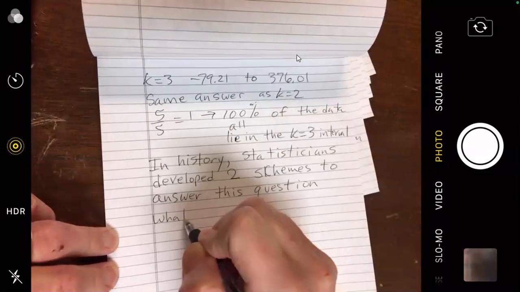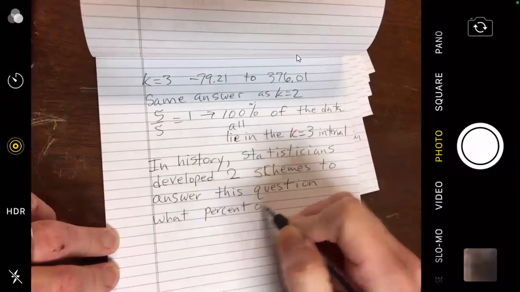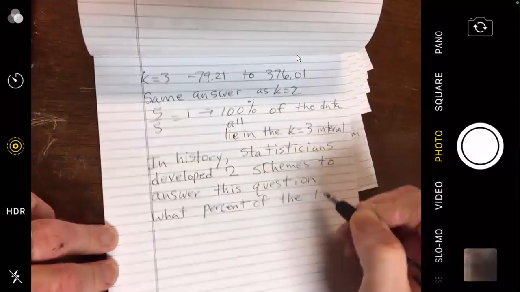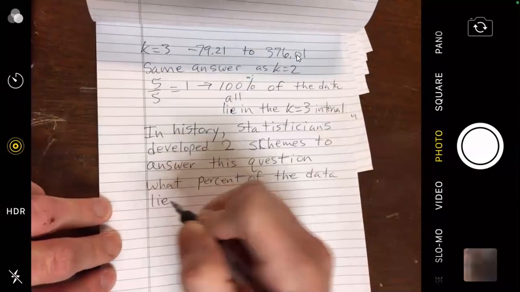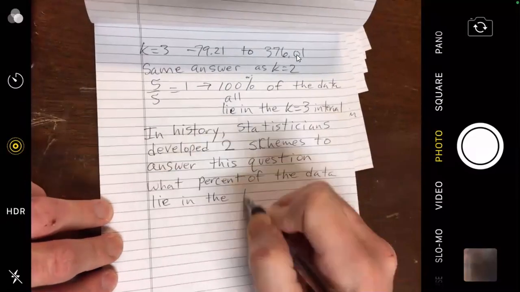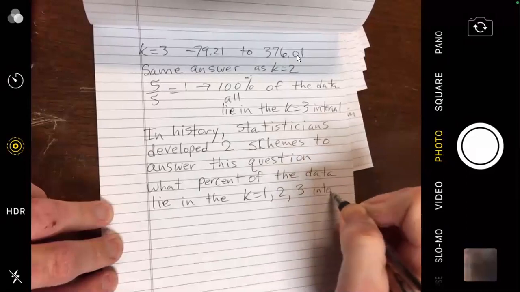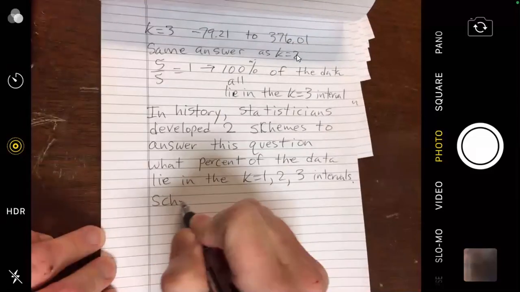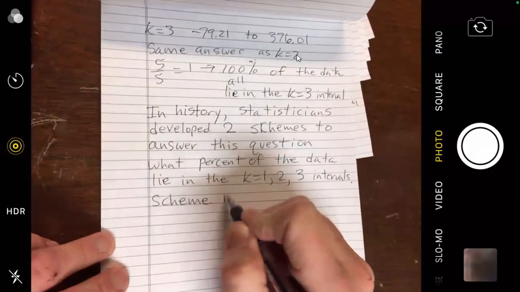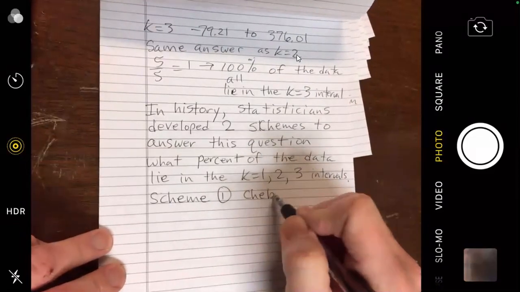What percent of the data lie in the k equal 1, 2, or 3 intervals. Scheme 1: Chebyshev's inequality.